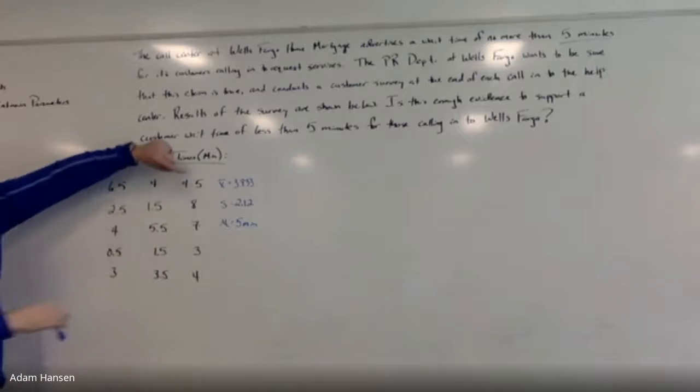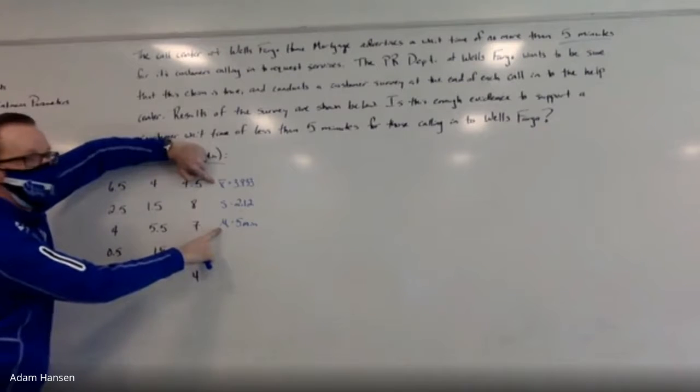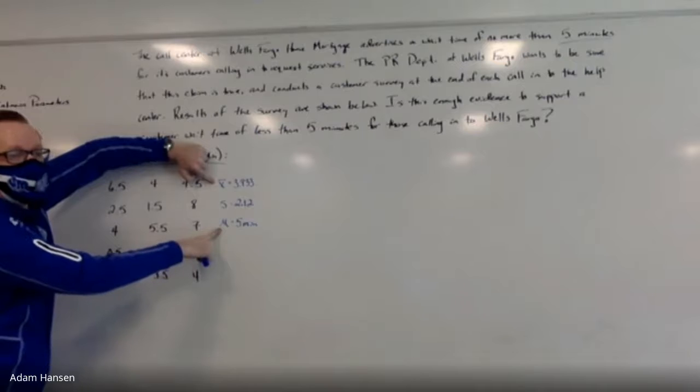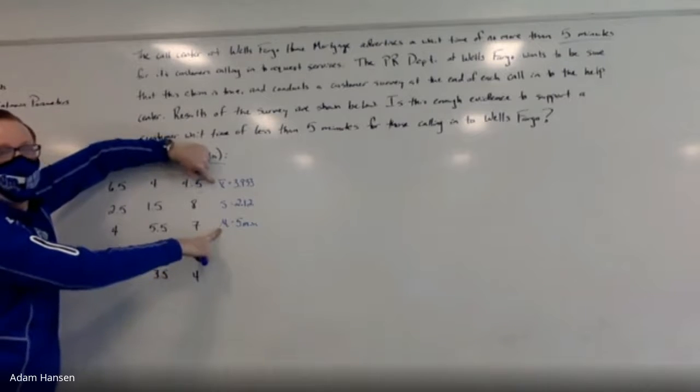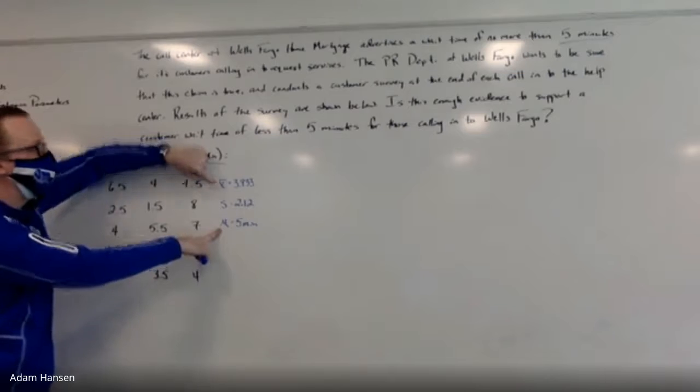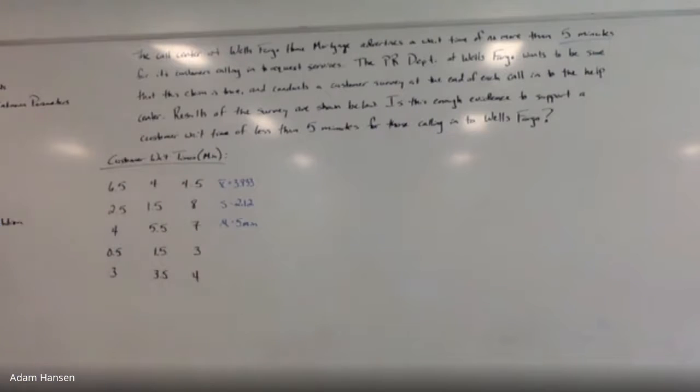I want to see if any difference between these two values is statistically significant, or is that difference just associated with normal random variability? I just happened to find 15 people whose wait time was a little bit less, and that is not any suggested real difference between these two values.